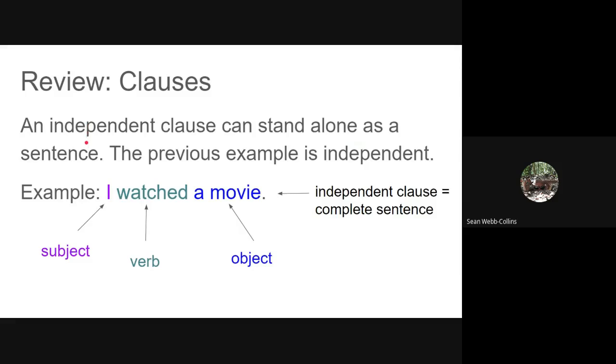That means it does not require a dependent clause to be a full sentence. As I just said, I watched a movie is an independent clause. It is a complete sentence. We don't need to add anything to this sentence because it expresses a full and complete idea.